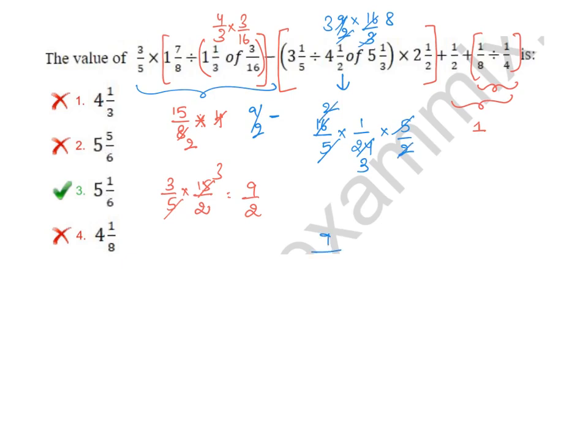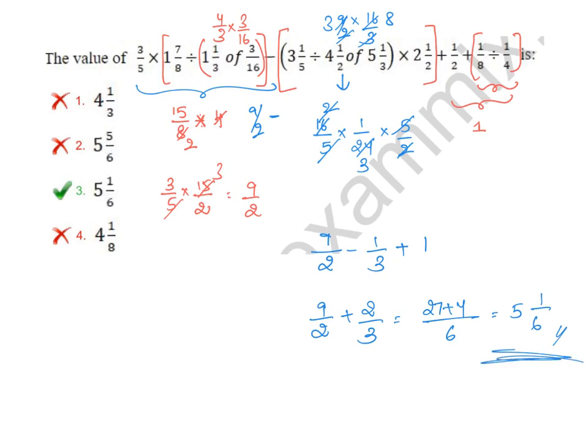So you have 9 by 2 minus 1 by 3 plus 1, which gives you plus 2 by 3. So denominator becomes 6, 27 plus 4, 31. So I can say 5 1 by 6 is your answer there. So we are just following the BODMAS, but you have to calculate it carefully.